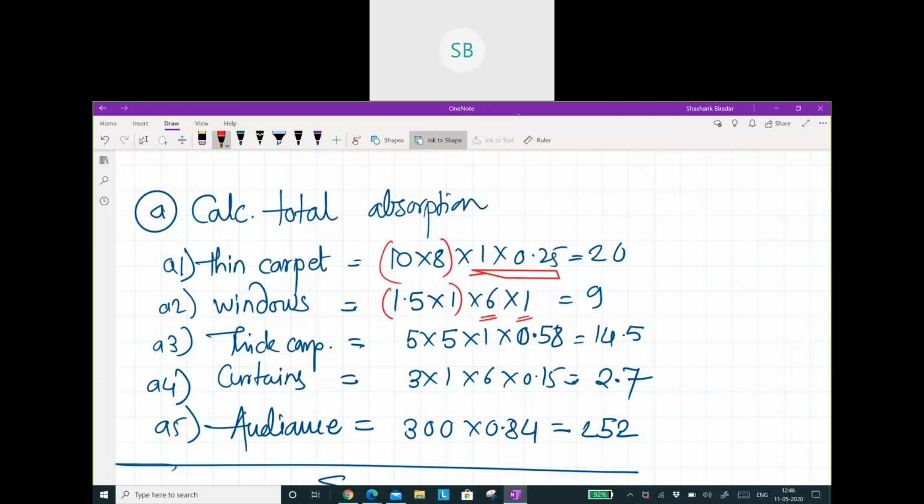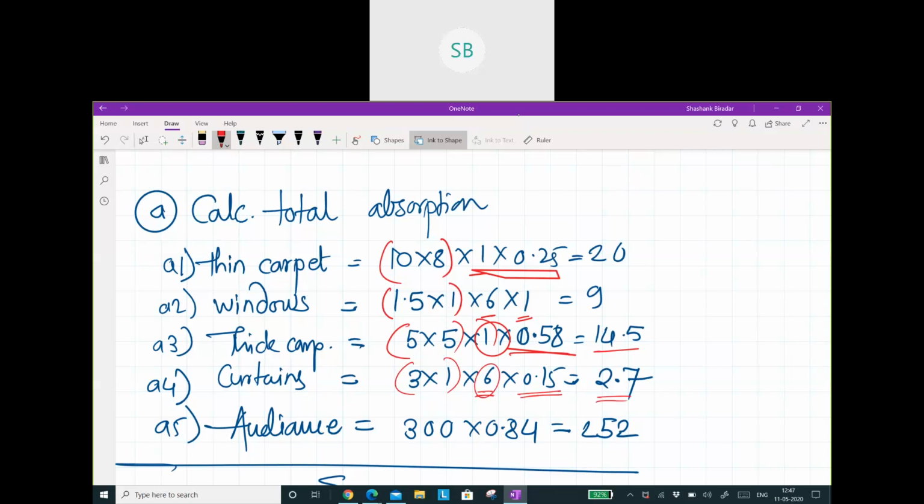Then thick carpet was there, having the dimension 5 meter cross 5 meter, only one quantity, and the absorption coefficient was 0.58, so that gives me 14.5. Now the curtains, dimensions 3 meter cross 1 meter, and the count is 6. The absorption coefficient was 0.15, so the multiplication gives me 2.7.